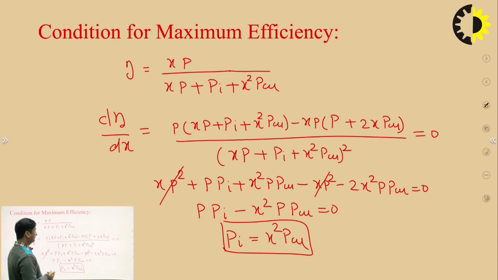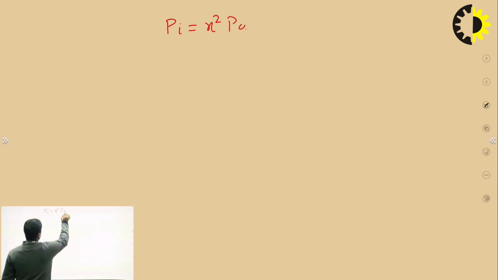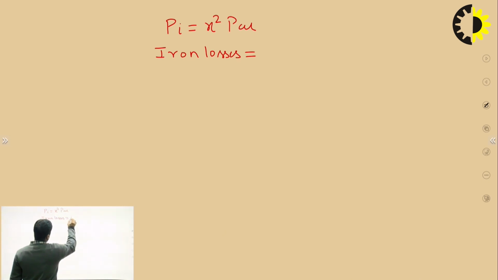This expression tells you that the iron losses are equal to x squared P copper, which is the copper losses at any load. So Pi is equal to x squared P copper, where P copper is the full load copper losses at rated load. So iron losses equal copper losses.